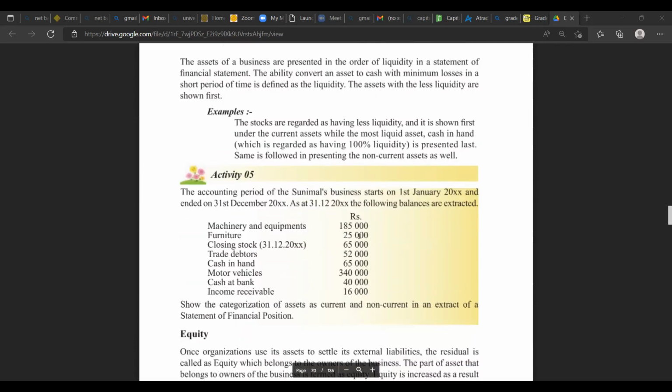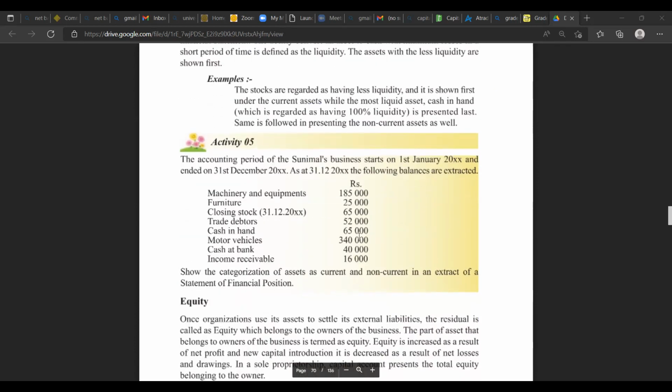Okay. Can you try activity number 5? Please try. Categorize under current and non-current in the extract of SOFP. Please try.